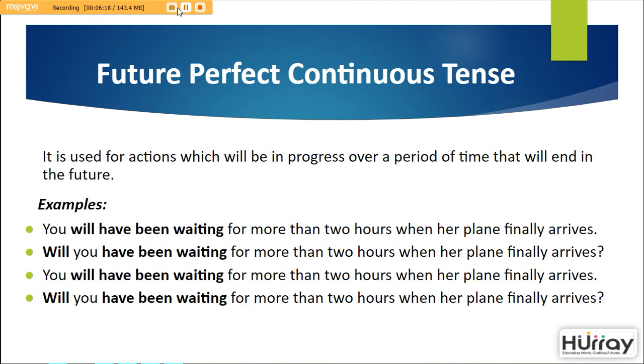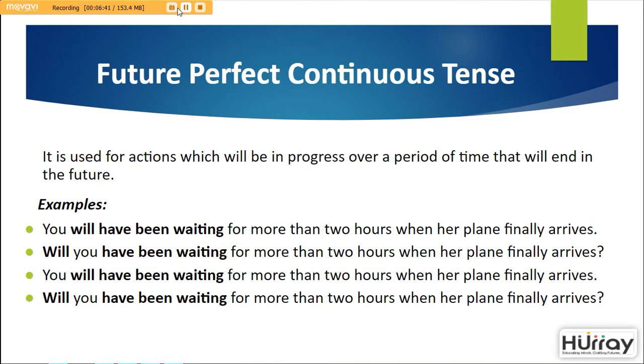The future perfect continuous tense is used for actions which will be in progress over a period of time that will end in the future. For example, you will have been waiting for more than 2 hours when her plane finally arrives. So here, what denotes the progress of time? More than 2 hours.